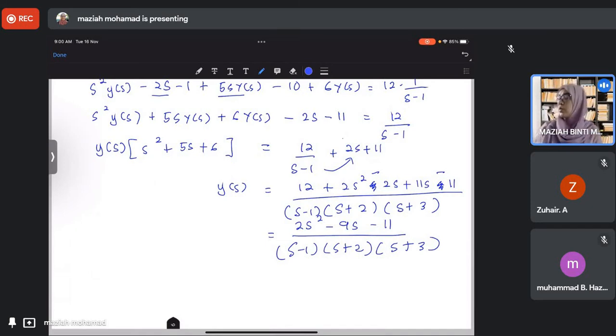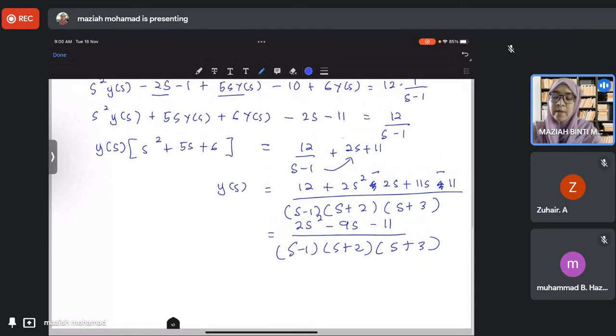Alright, so if we refer to the table for the partial fraction, it will be function number 3.